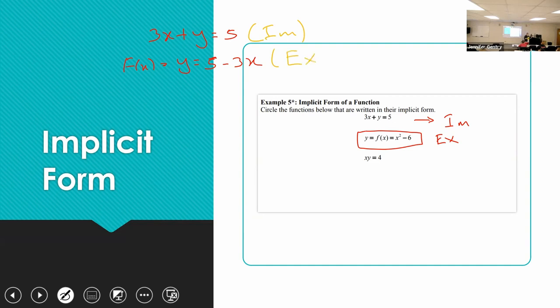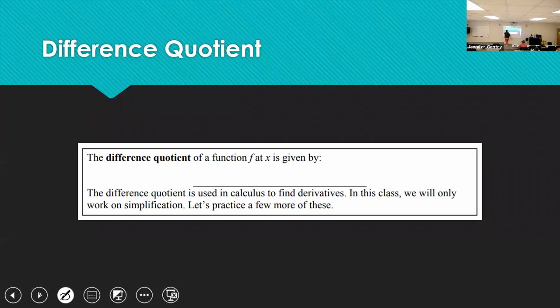Box at the top of the next page. The difference quotient. On your quiz, I think last time, they actually gave you what the difference quotient was, so you don't need to memorize it.